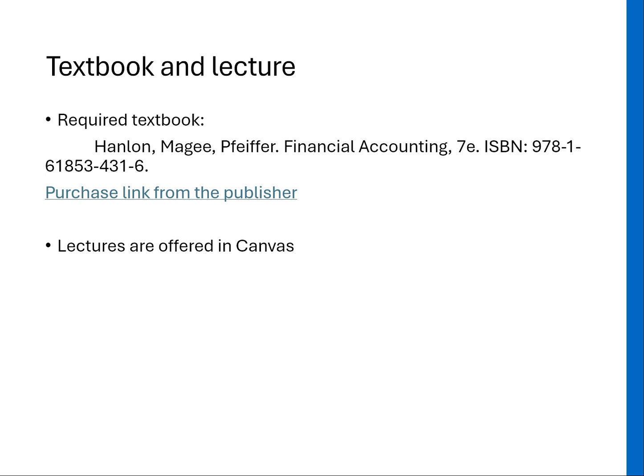Since we don't use the publisher's digital platform, you may purchase a used copy. That's fine. All lecture information and assignments are offered in Canvas, so we're going to log into Canvas to see all the information we need.